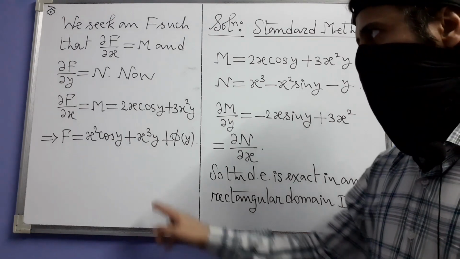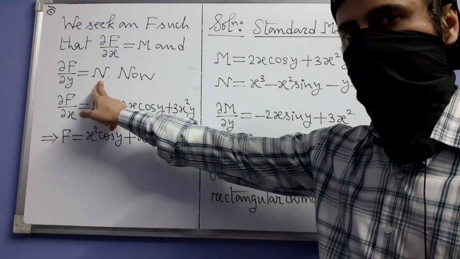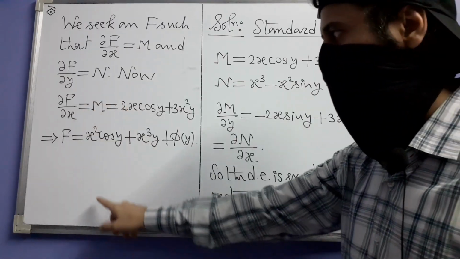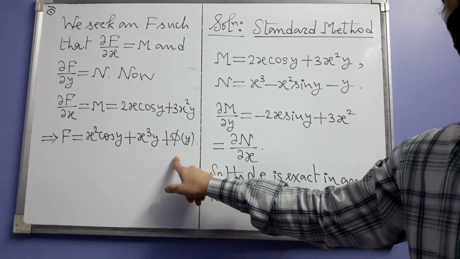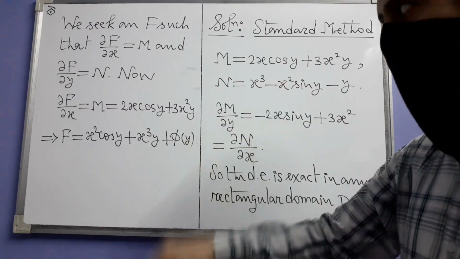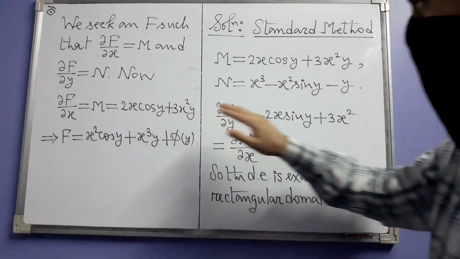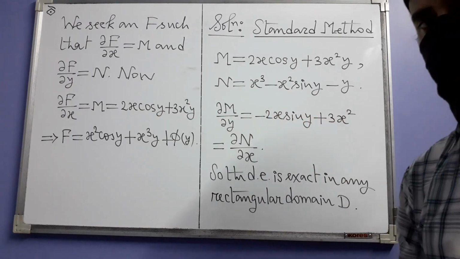And then we are going to use this second equation, and for that we have to calculate del f del y from this expression, and then use this value of N and see what we get.